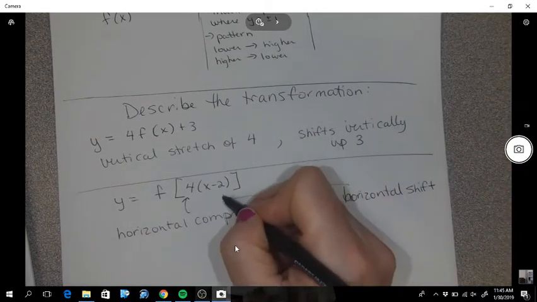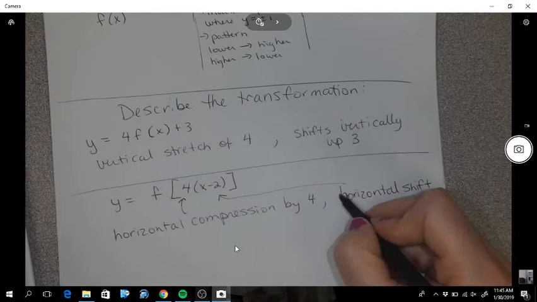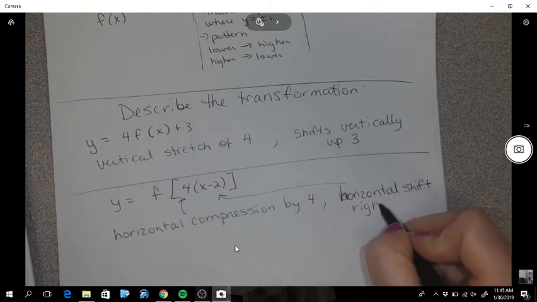And what does that horizontal shift do? It goes right 2.